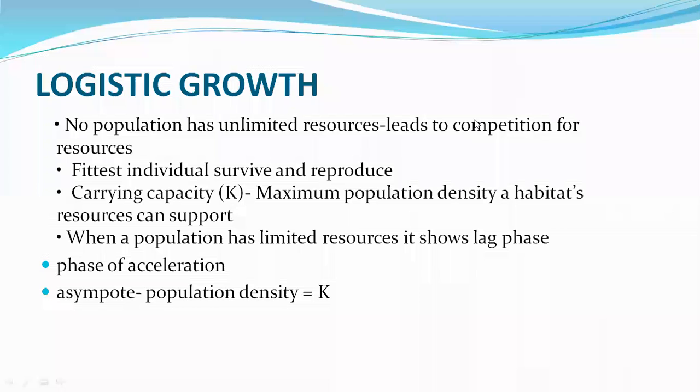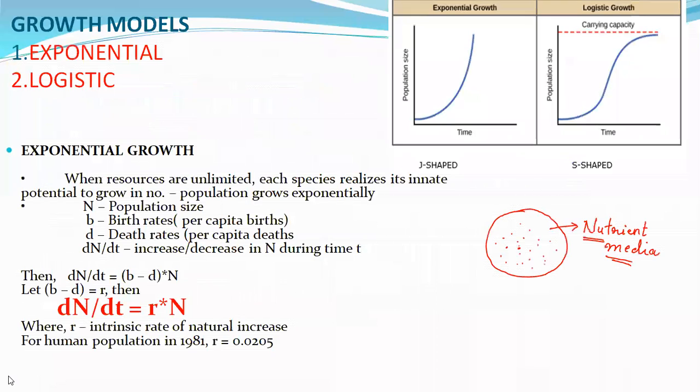I'll quickly tell you what is logistic growth. A population does not have unlimited resources, which leads to competition for the resources. Logistic growth is nothing but, because there are no proper resources found, there becomes a competition between the organisms for the food.